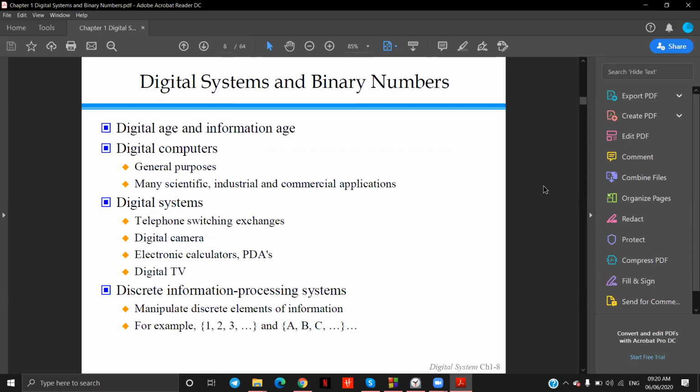We are in the digital age and information age. There are a lot of digital computers, such as general purpose computers and many scientific, industrial, and commercial application purpose computers. Some examples of digital systems are the telephone switching exchange system, digital camera, digital TV, electronic calculators, EDAs, etc.